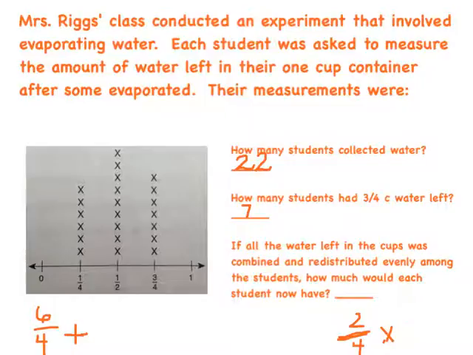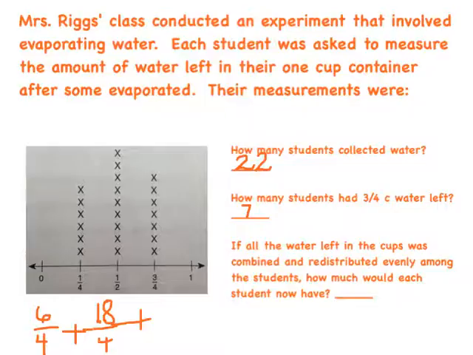So I have 18 fourths. I'm not sure where my plus sign just went. 18 fourths. And now I need to look at my 3/4. 1, 2, 3, 4, 5, 6, 7. I have 7 of the 3/4.